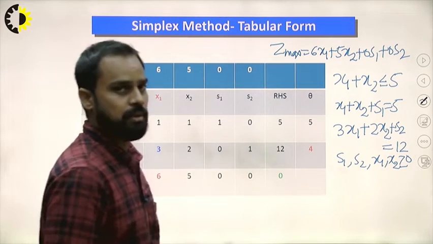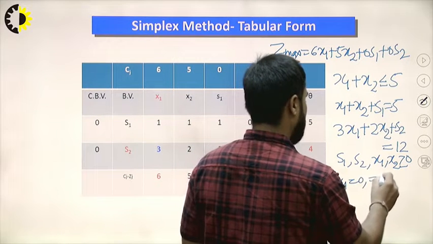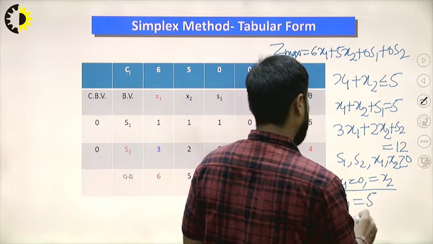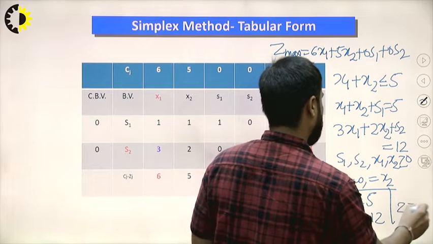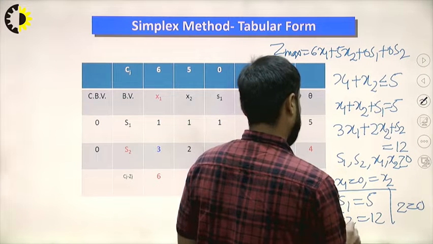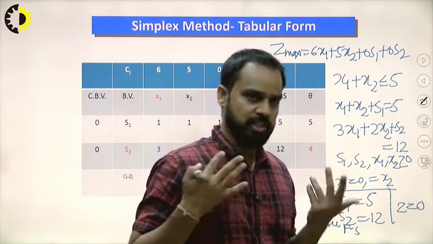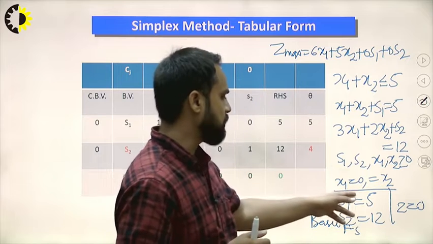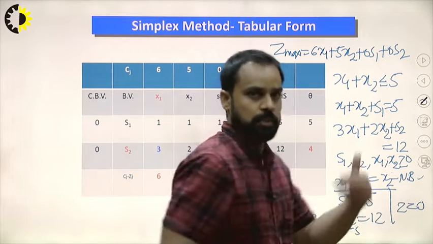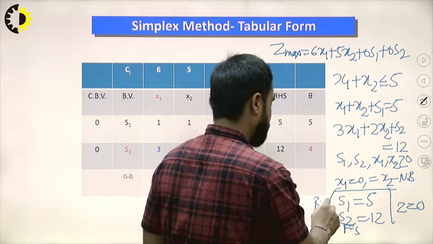Right, we have this equation. For the initial basic feasible solution, we have taken X1 equal to 0, X2 equal to 0, S1 equal to 5, S2 equal to 12 and Z equal to 0. That is the initial basic feasible solution. These are the non-basic variables, the variables fixed at 0, and these are called basic variables.